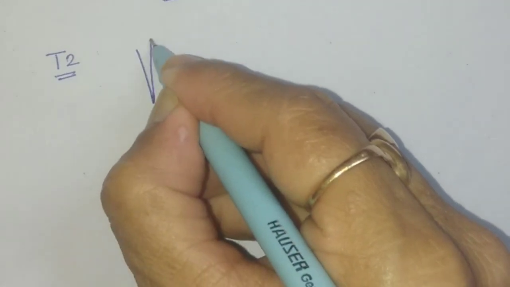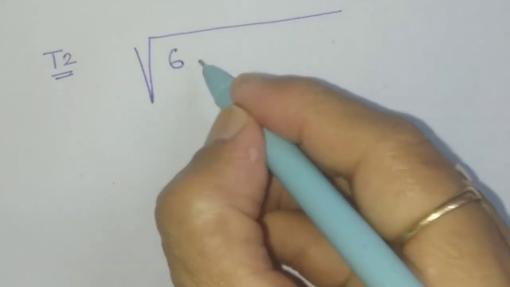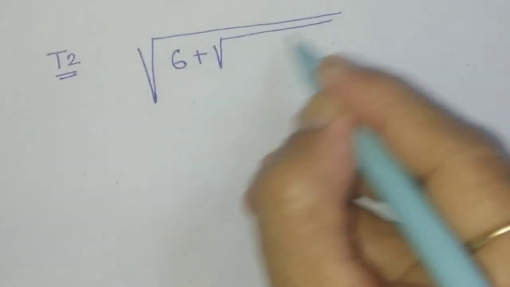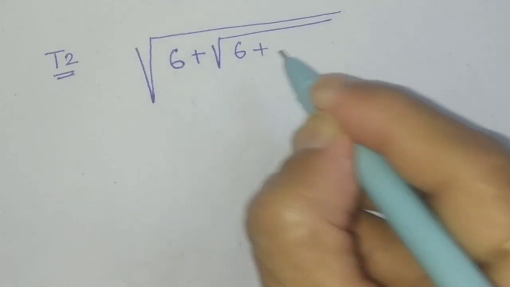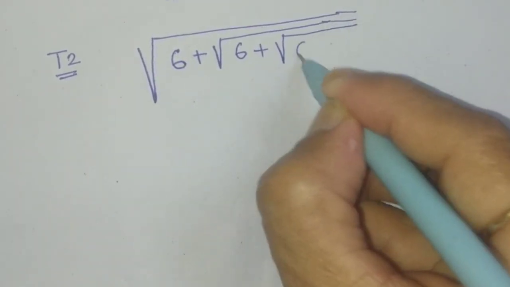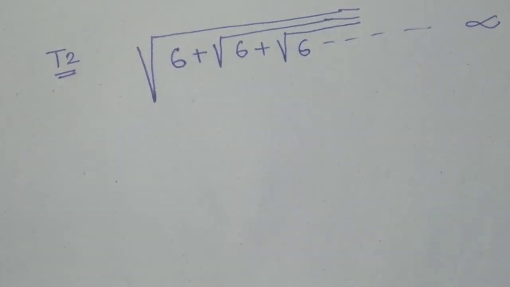If this kind of question comes with a small change, suppose this is root over 6 plus root over 6 plus root over 6, up to infinite.